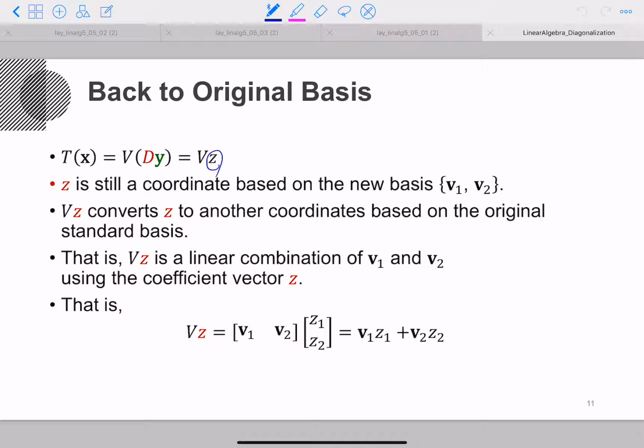This is done by the matrix V, and V has the eigenvectors as its columns, that's it.